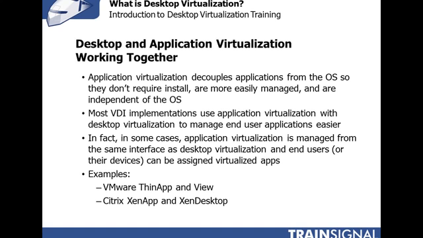In fact, in some cases, application virtualization is managed from the same interface as the desktop virtualization solution, and end users or their devices can be assigned individual virtualized applications. That's how it works with VMware View and ThinApp, but other desktop virtualization solutions may work differently. So examples of desktop and application virtualization solutions, like I said, are VMware View and ThinApp, also Citrix XenApp and Citrix XenDesktop.